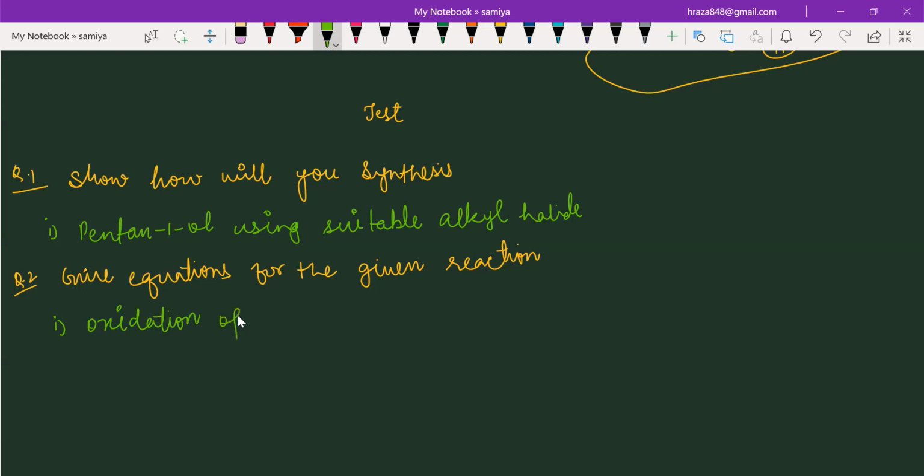Oxidation of propan-1-ol with alkaline KMnO4 solution.